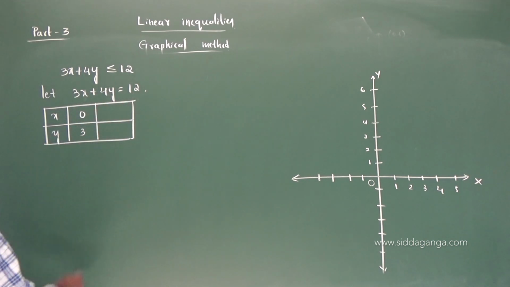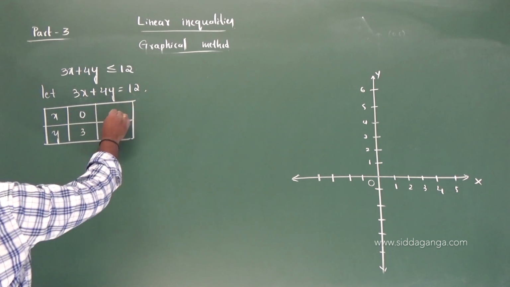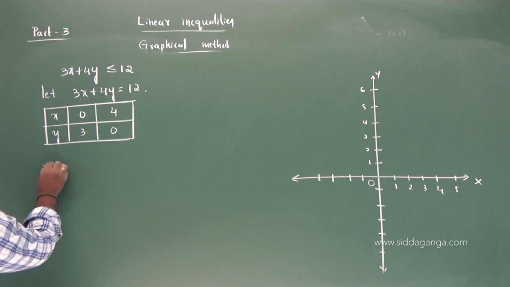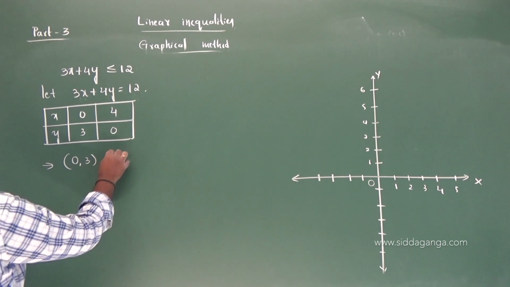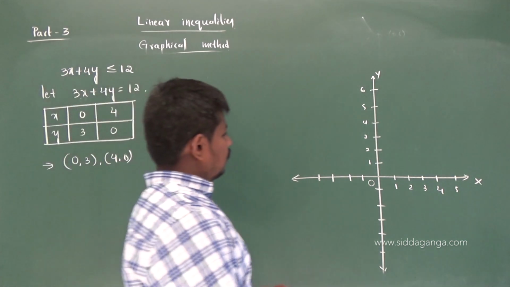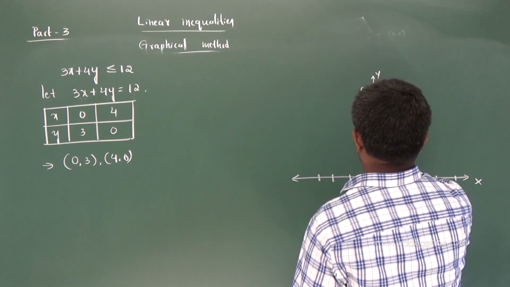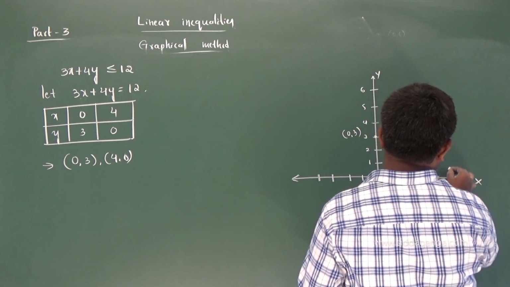When y is 0, 3x is equal to 12 and then x is equal to 4. So this line passes through 0, 3 and 4, 0. This is 0, 3 and this is 4, 0.